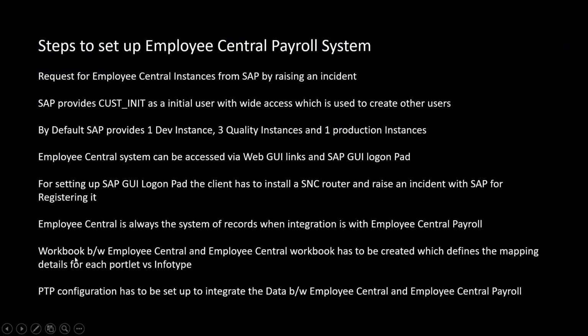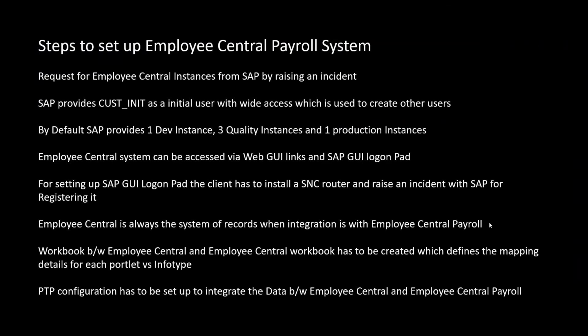One thing is that Employee Central is always the system of record when the integration is with Employee Central Payroll. Employee Central Payroll will only accept Employee Central as the source system, and any data it accepts only comes via Employee Central. One more thing we have to take care of is the OM side, the organization management.